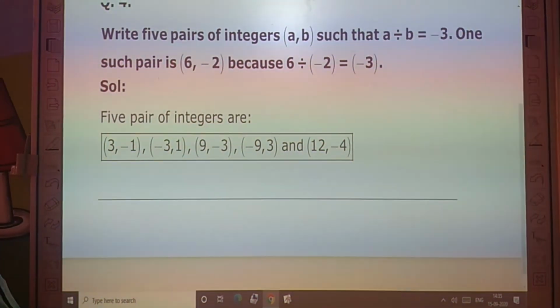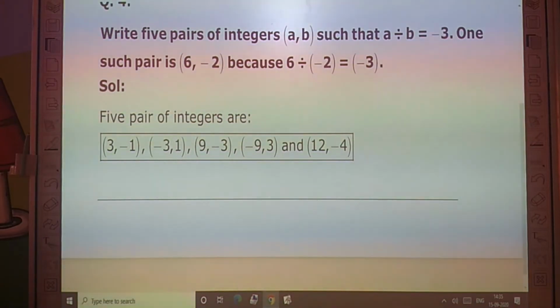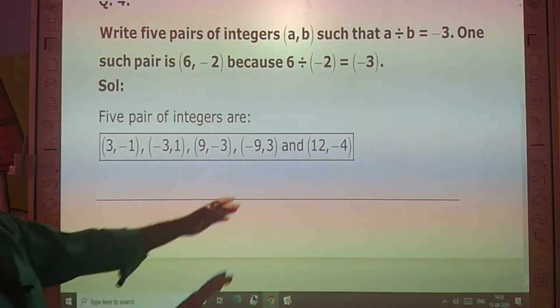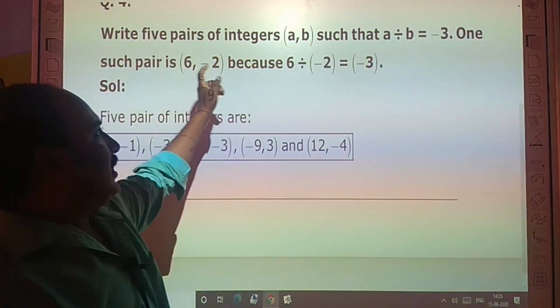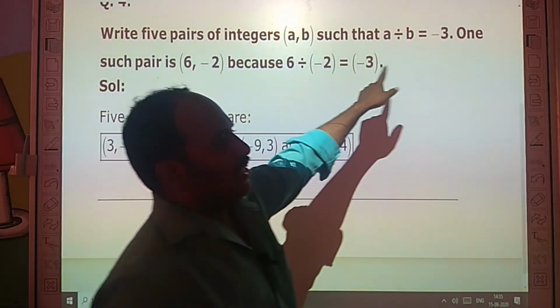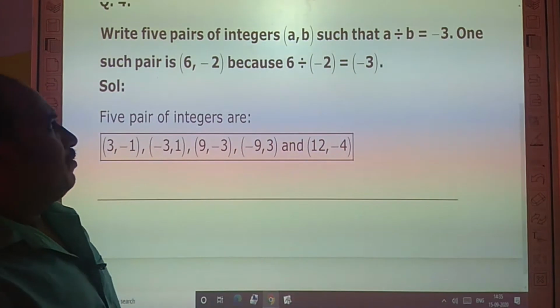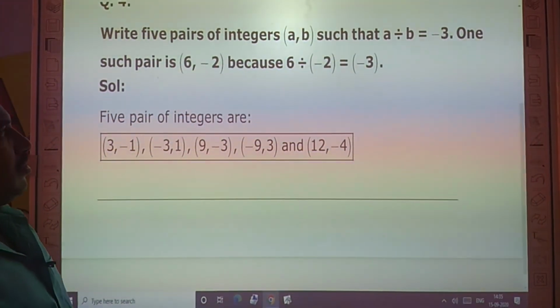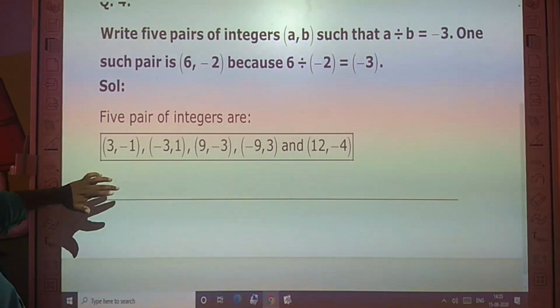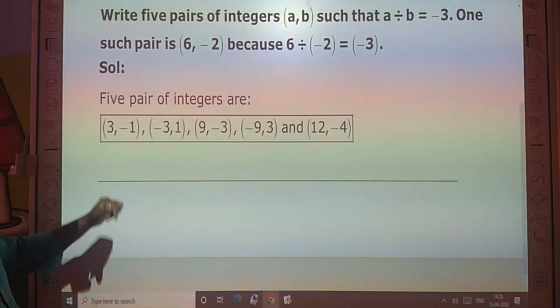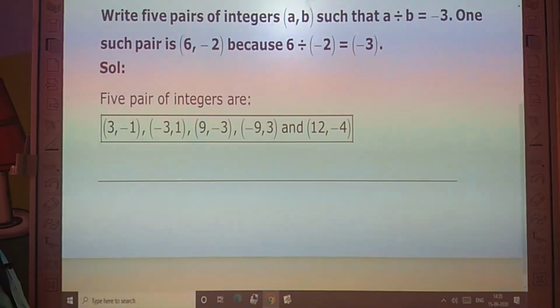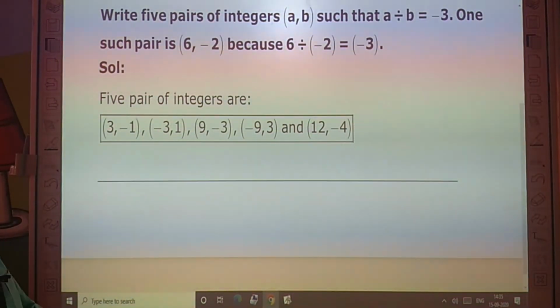Then question number 4. Write 5 pairs of integers (a, b) such that a divided by b is equal to minus 3. The given pair is 6 and minus 2. 6 divided by minus 2 is equal to minus 3. Now we find more pairs of integers. 3 divided by minus 1 is equal to minus 3.